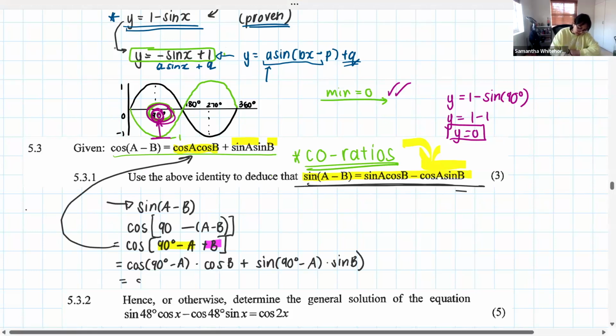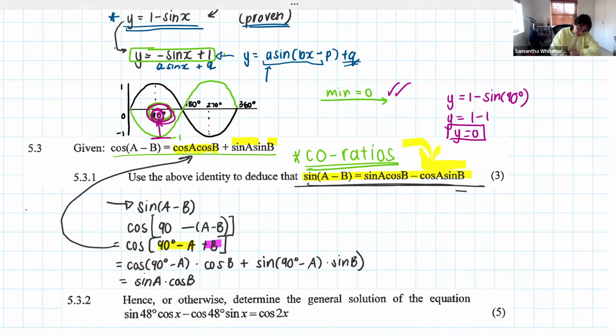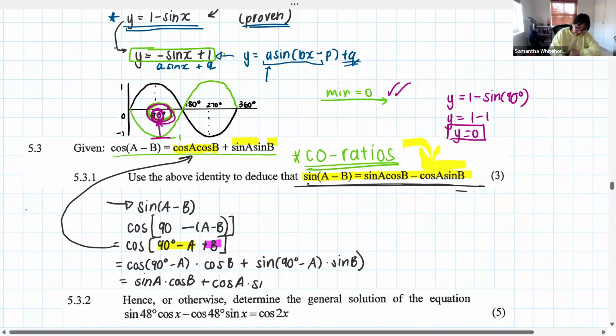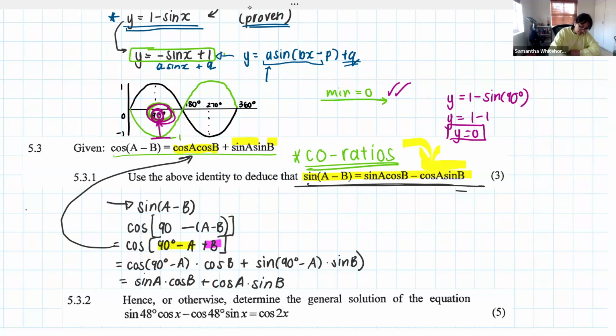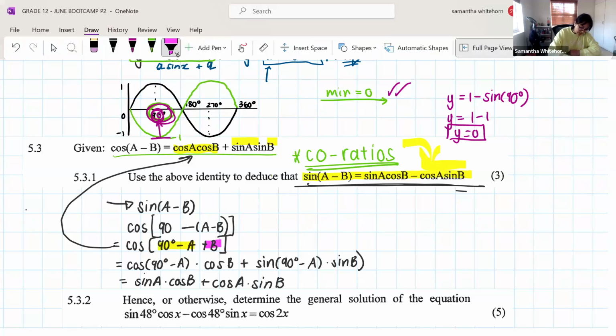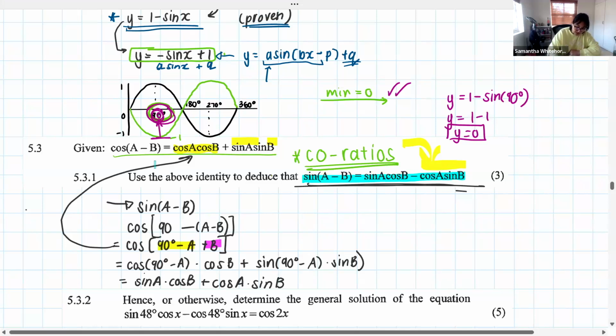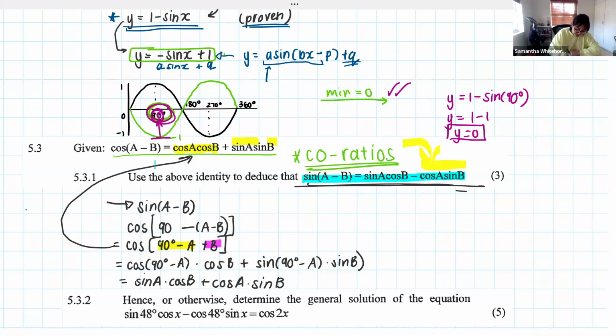Cos 90 minus becomes sine A cos B, plus sine 90 minus becomes cos A sine B. And if you look at what you wanted to prove, good gracious me, we wanted to prove sine A minus B is equal to sine A cos B minus cos A sine B. That's exactly what we've proven, right?